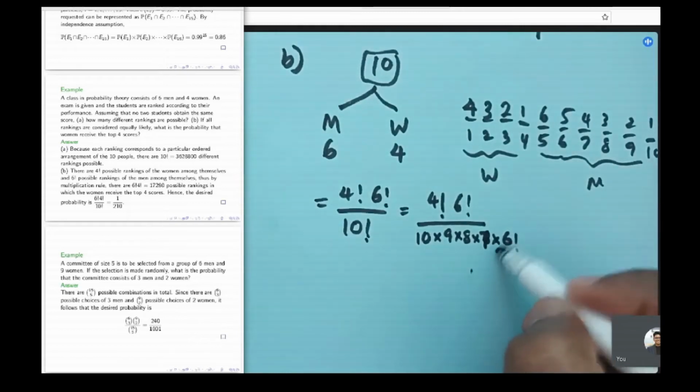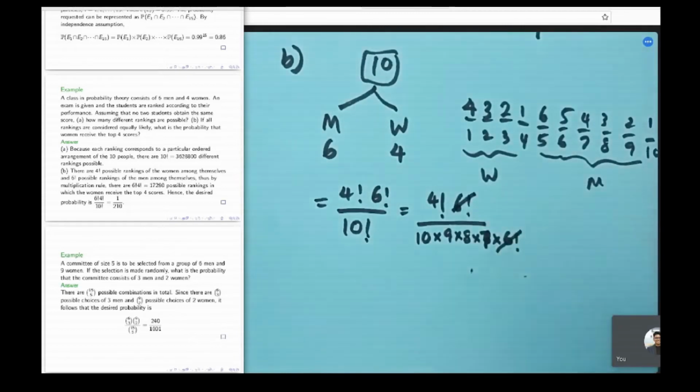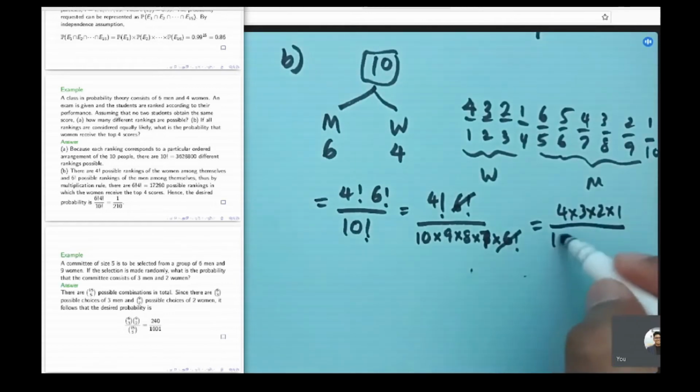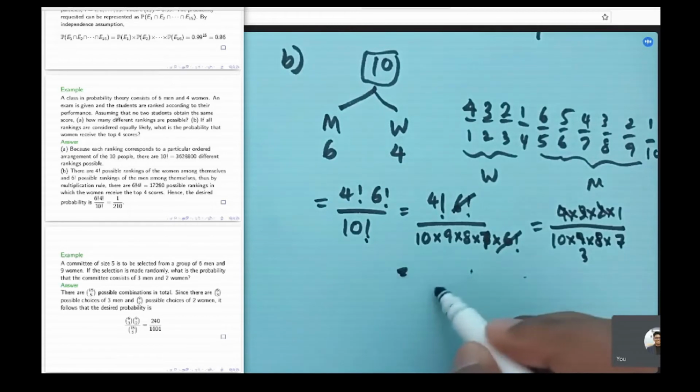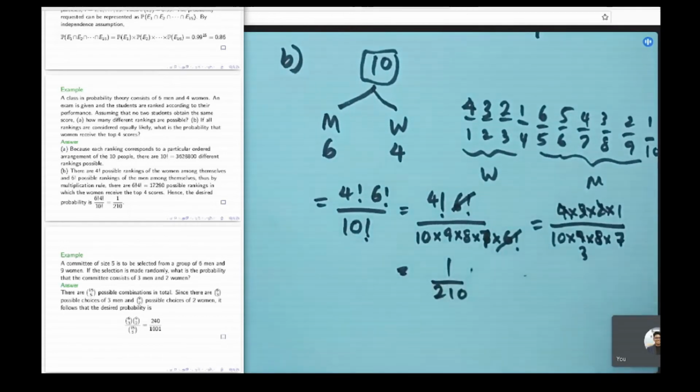So you can just cancel the 6 factorial, and then you have 4 times 3 times 2 times 1, divided by 10 times 9 times 8 times 7. Altogether you get 210 at the bottom, 1 at the top. So this is the probability.